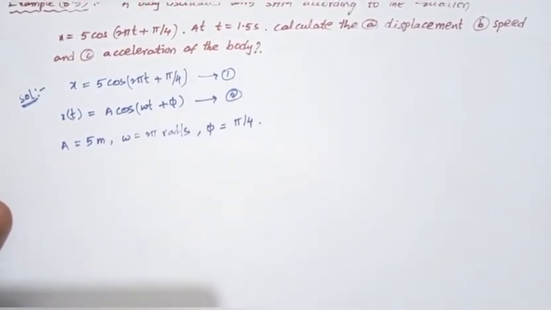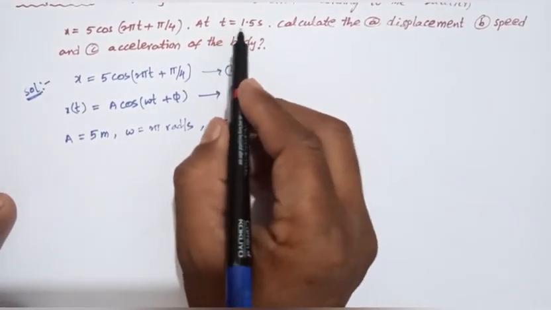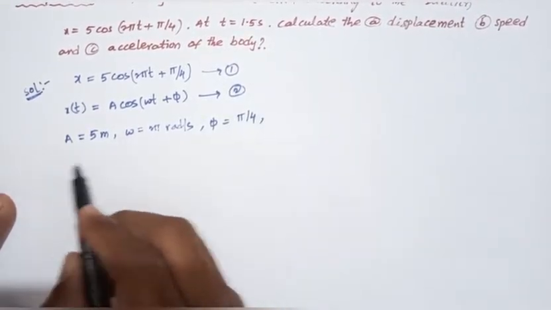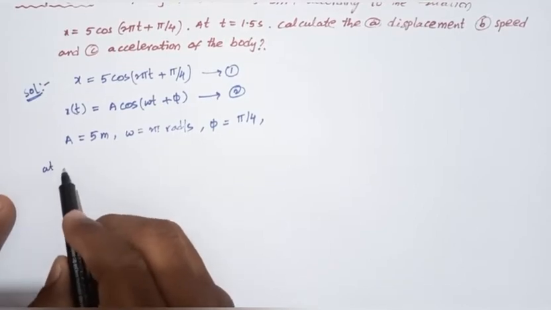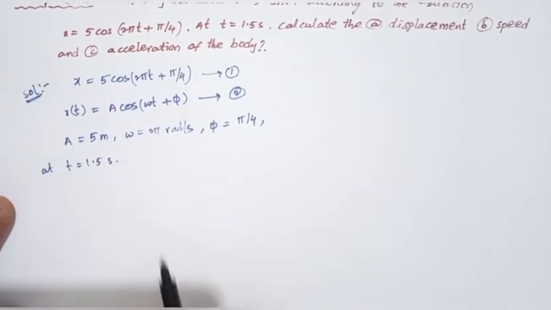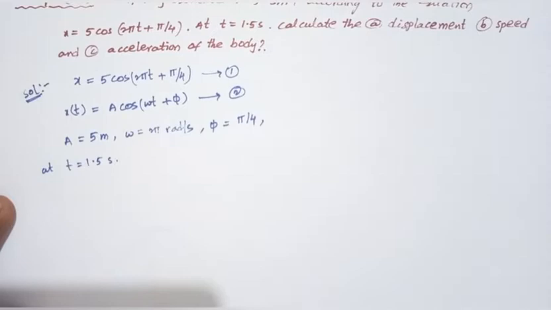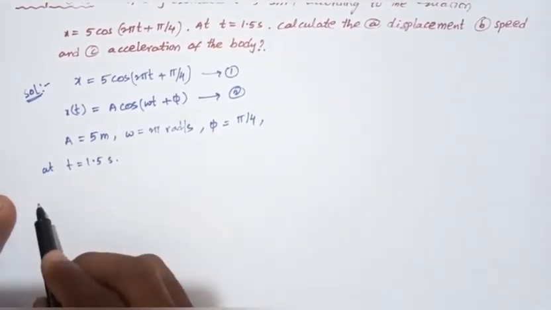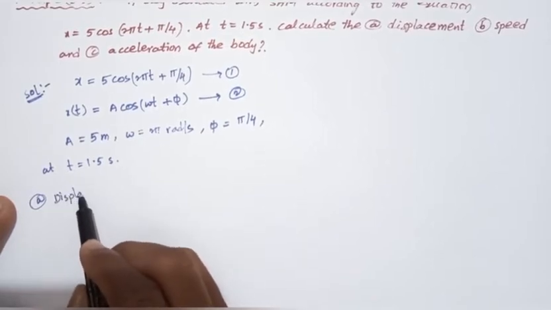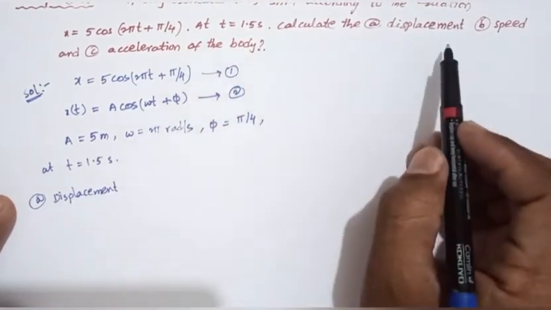Next, we take t equals 1.5 seconds. So then, what is the displacement? First, we can find the displacement. Displacement is x of t equals 5 cos (2 pi into t, where t equals 1.5, plus pi by 4).